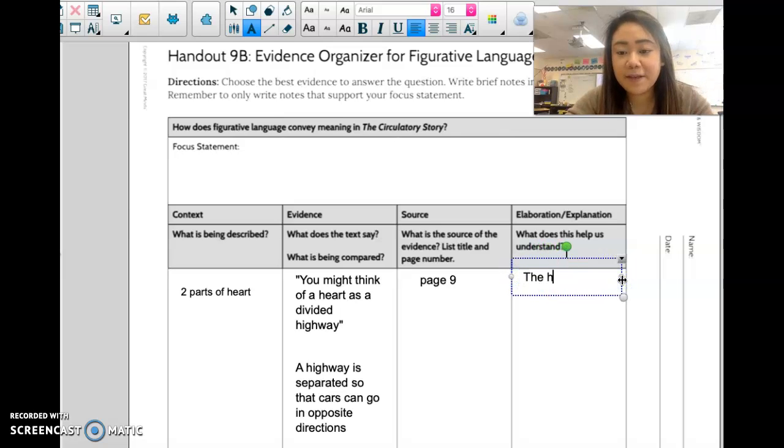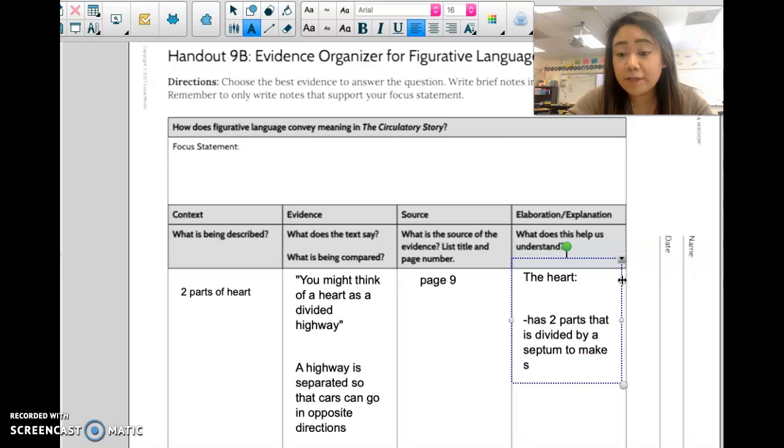So this tells me that the heart has two parts that is divided by a septum to make sure the two parts of our heart flow in their own section.